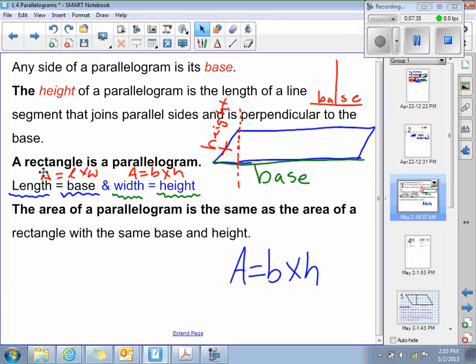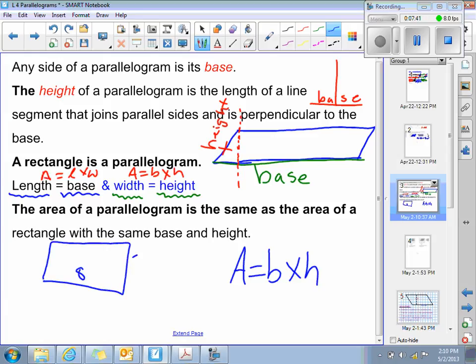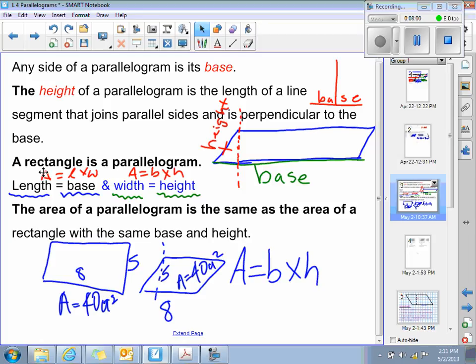So I may have a rectangle with a length of 8 and a height of 5, which is 40 square, well, we'll call it units. I may have a parallelogram that has a base of 8 and a height of 5. My area will also be 40 square units.